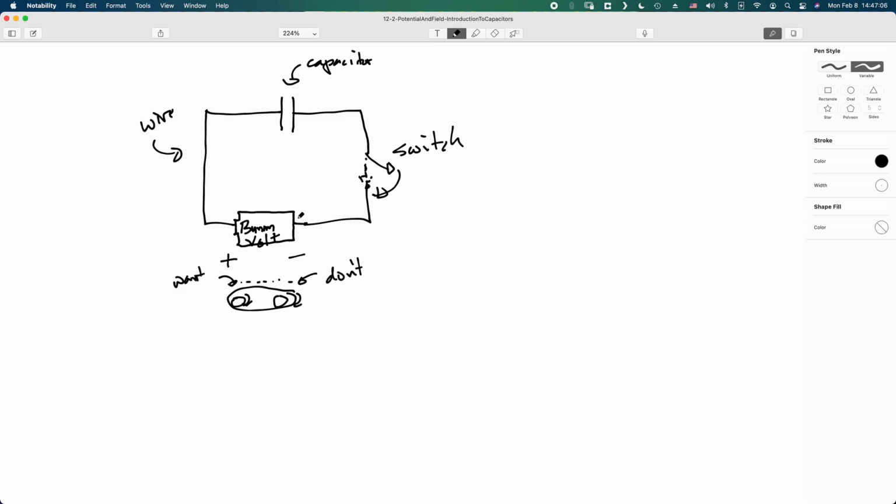But then that means that we'll start piling up electrons over here, and we're basically just going to be making the whole electron cloud on this side of the circuit here, the wire and this plate, negatively charged. So we'll end up picking up negative charge on the plate of the capacitor and also all along the surface of the wire. Well, it'll have a bit of a gradation, but we'll get to that.